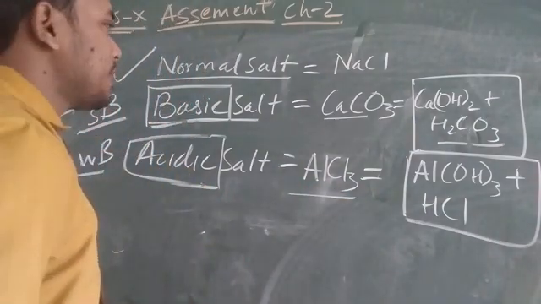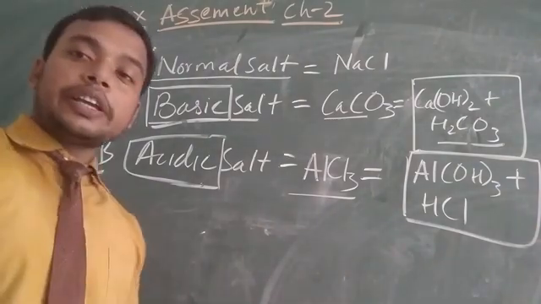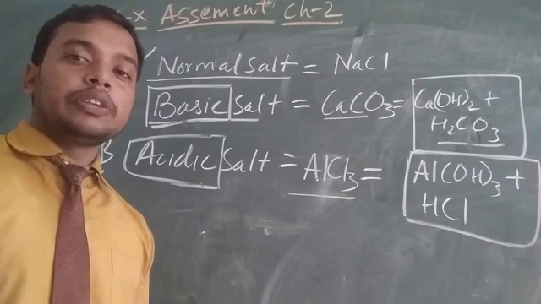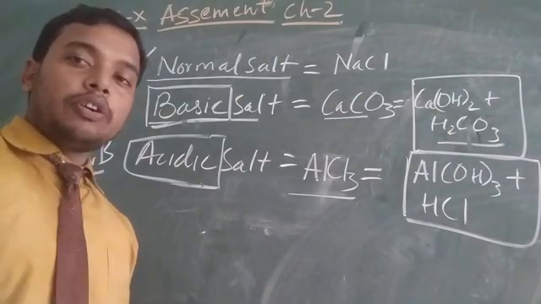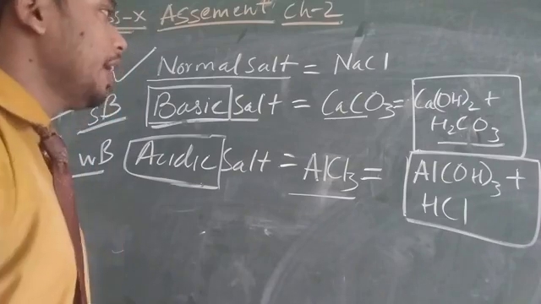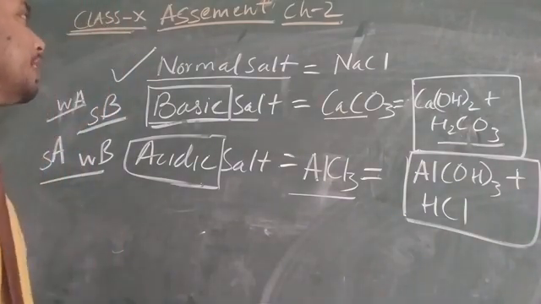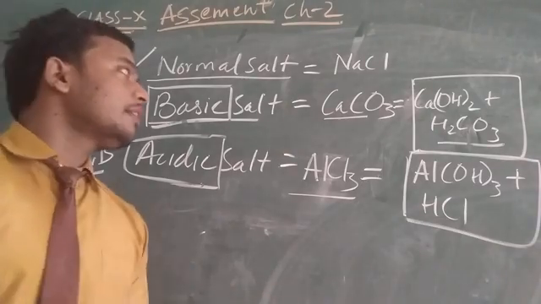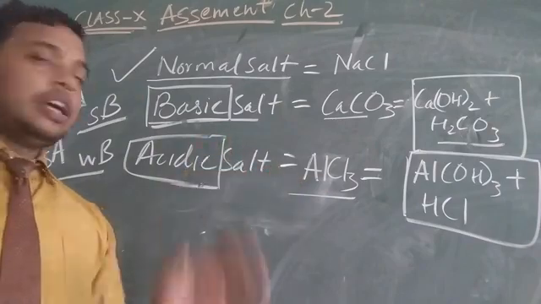In this way we can say that though acidic and basic salts are formed, there is a variation in the strength of the acids and bases respectively. So we can conclude that the basic salt is calcium carbonate and the acidic salt is aluminum chloride.